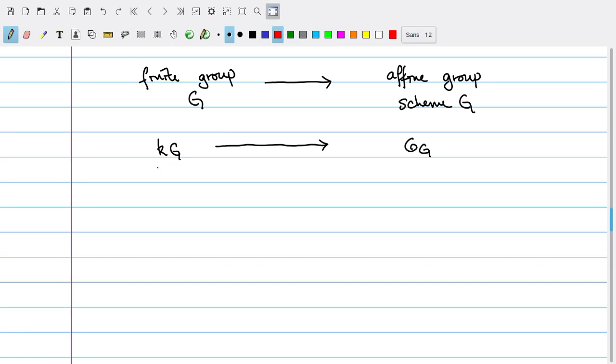KG is in general a non-commutative ring, but it can be given a second structure where we view it as the set of maps, just set valued maps with no additional structure from G to K. This gives KG a bialgebra structure, making it a Hopf algebra.